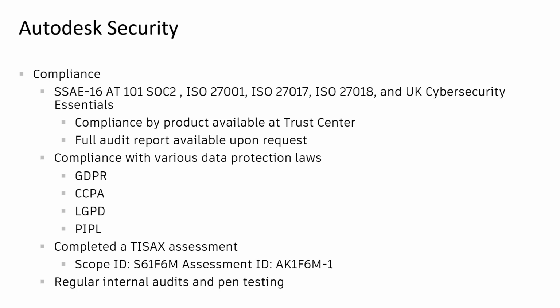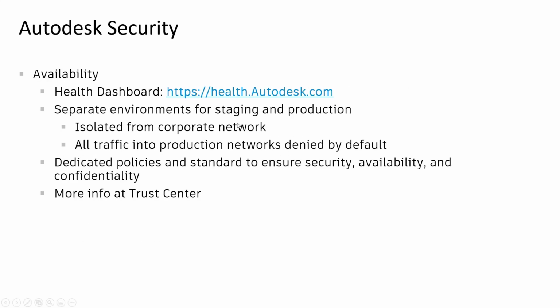So if you have any questions about, can we trust, say, Upchain to hold our data? Is someone going to go steal it, or is it going to disappear tomorrow because Autodesk can't keep their servers up? Go to that page.